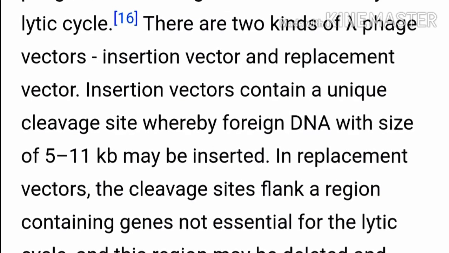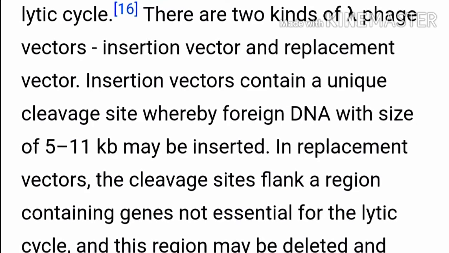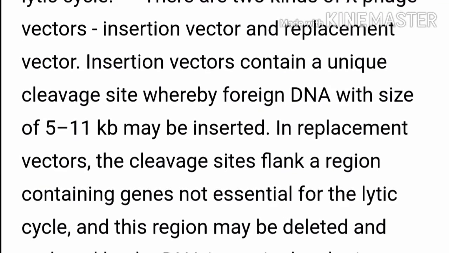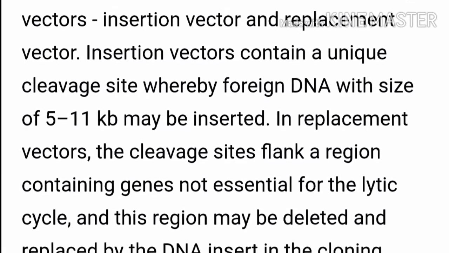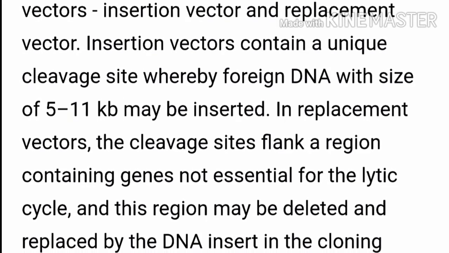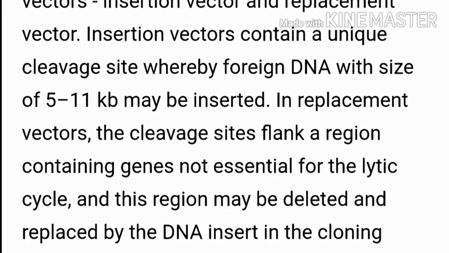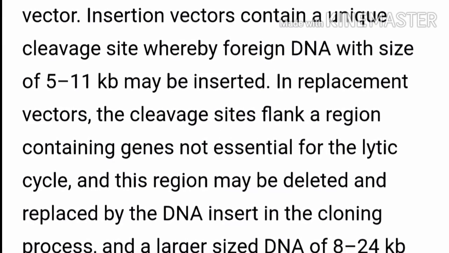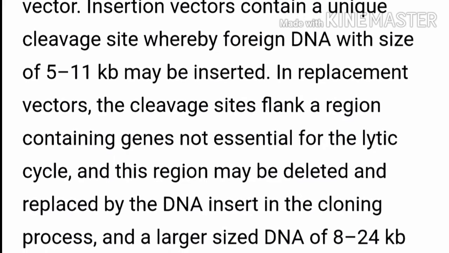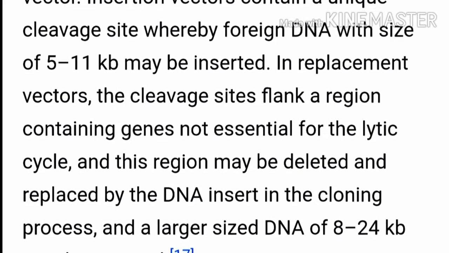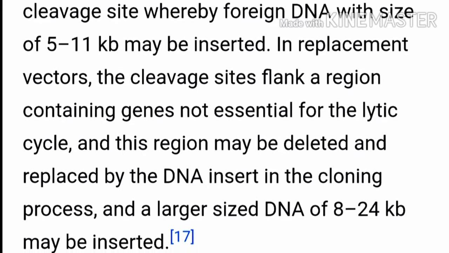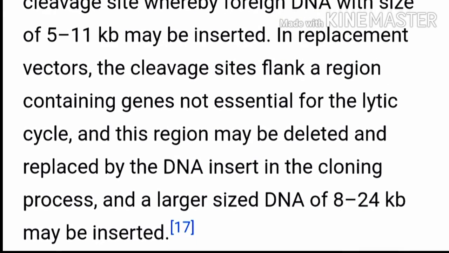In replacement vectors, the cleavage sites flank a region containing genes not essential for the lytic cycle, and this region may be deleted and replaced by the DNA insert in the cloning process, and a larger DNA of 8 to 24 kb may be inserted.